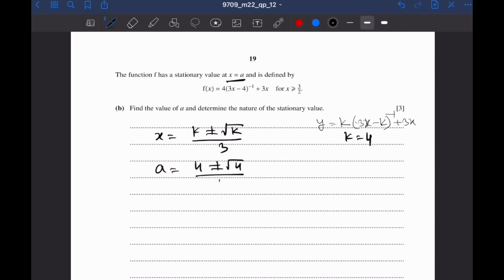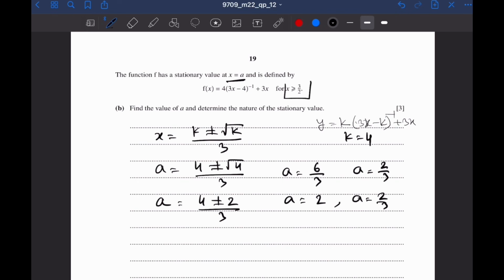Okay, so let me find the value: 4 plus or minus 2 by 3. So a equals 6 by 3 or a equals 4 minus 2, 2 by 3. So the final answer is a equals 2 and a equals 2 by 3. Given x greater than 3 by 2, we will not accept this one, not acceptable. We will accept only this one. So a equals 2.